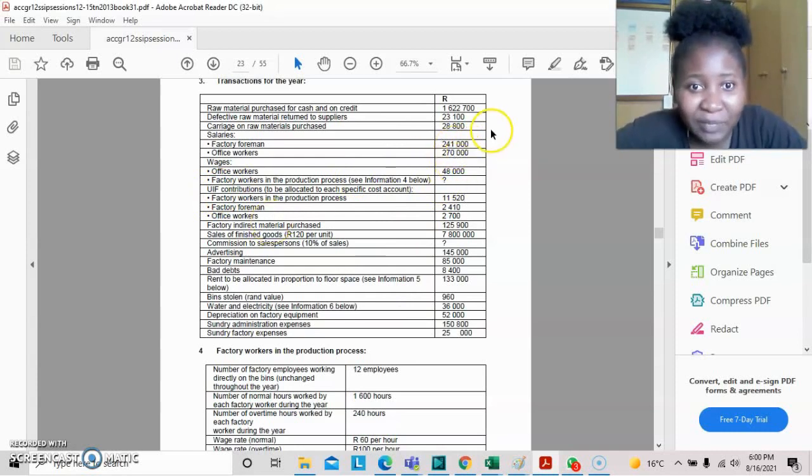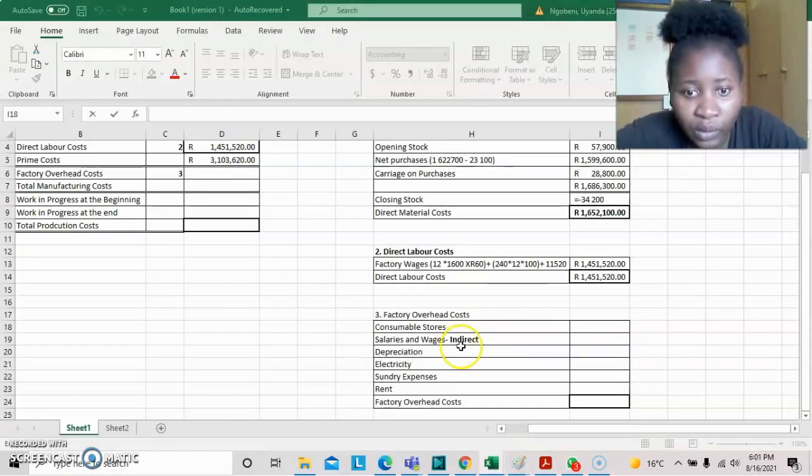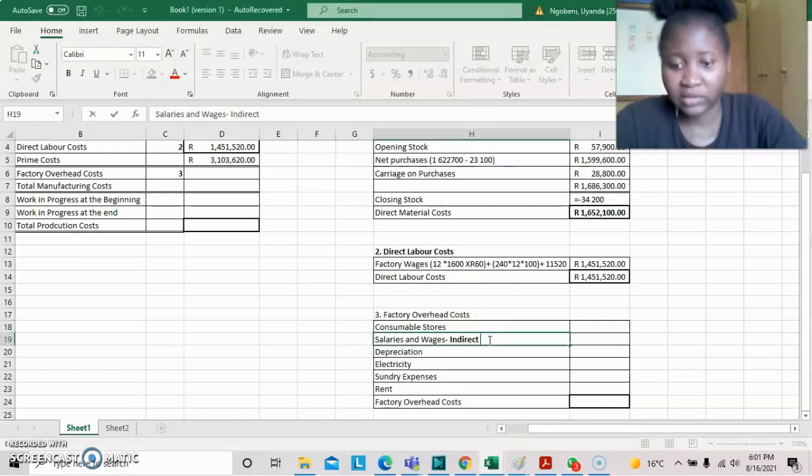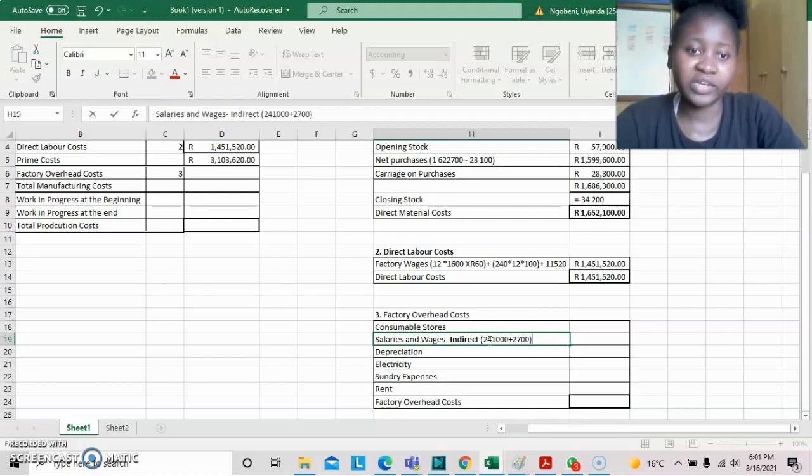So we will say 241,000 for the factory foreman, and then the factory foreman UIF is 2,700. So 241,000 plus 2,700, which is their UIF.